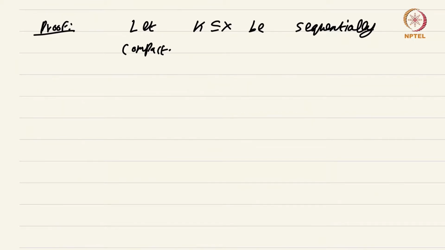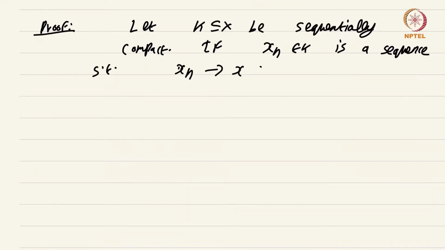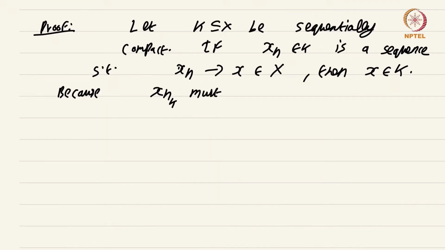So first of all, if xn in K is a sequence such that xn converges to x in X, then x must necessarily be in K. Why is this? Because some subsequence of xn in K must converge to an element of K. This is the definition of sequential compactness.